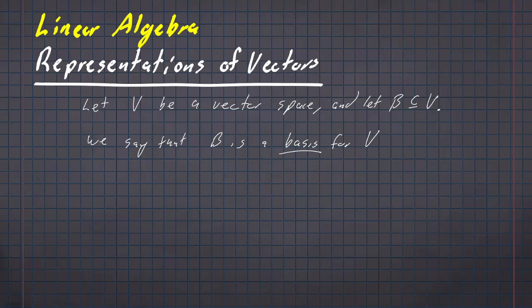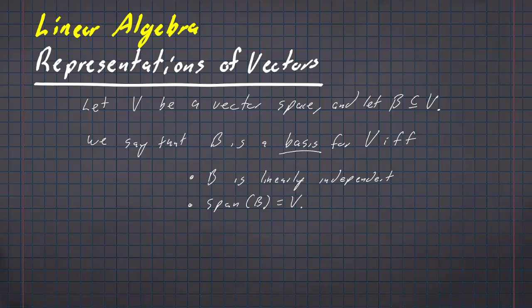We say that B is a basis for the vector space V if and only if both B is linearly independent and the span of B is V. If we have both of those things, then we have a basis.